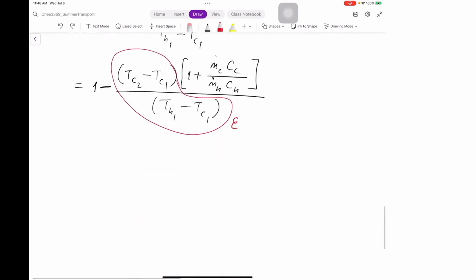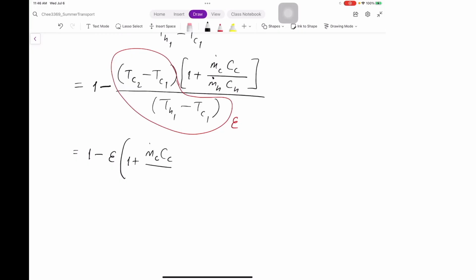And the left-hand side becomes equal to 1 minus epsilon times (1 plus m_c·C_c over m_hot·C_hot).